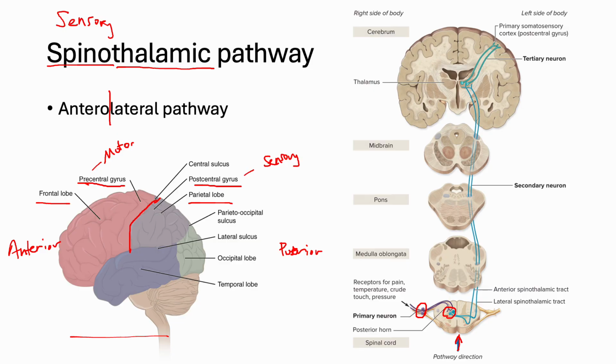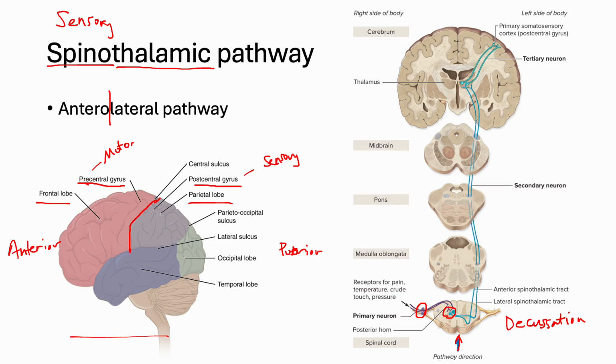And then, with the second order neuron, notice that something important happens. It crosses over to the other side. That's called decussation. When the signal crosses, the tract crosses the midline. When that happens, we call that contralateral.